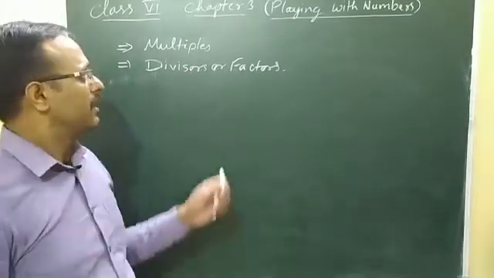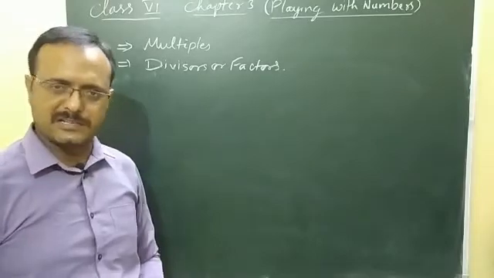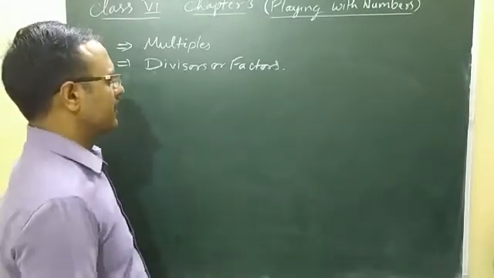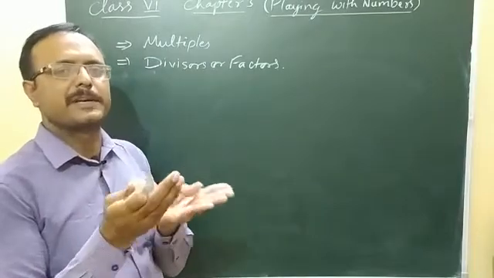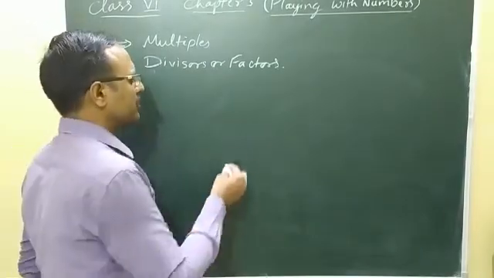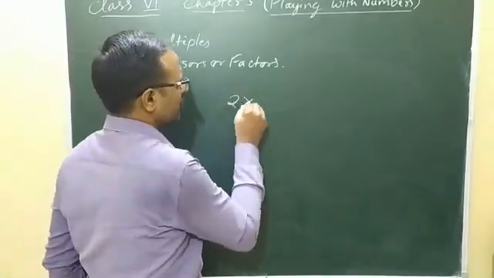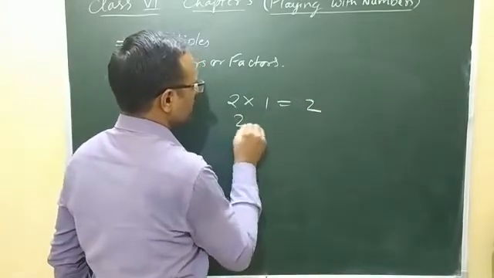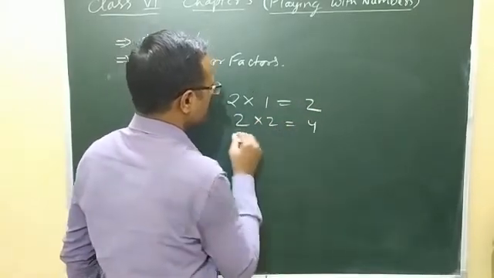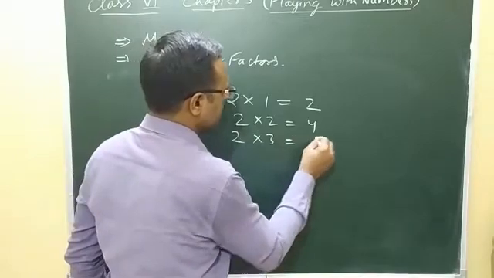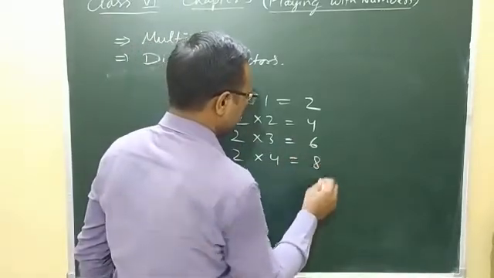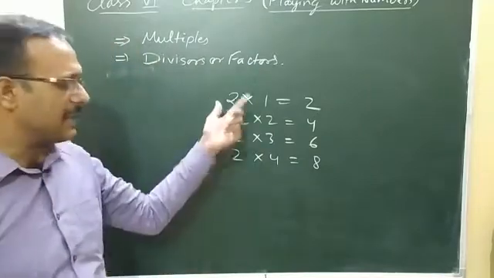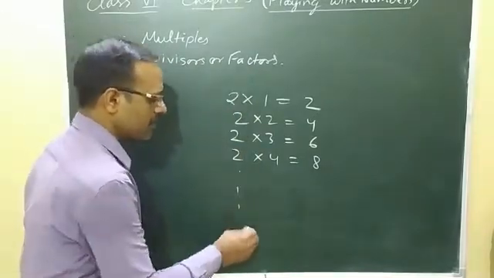Now, what are multiples? Let's start with this. All of you know the multiplication tables. Suppose you do the multiplication like this: 2 into 1 equal to 2, 2 into 2 equal to 4, 2 into 3 equal to 6, 2 into 4 equal to 8. In this way you write the multiplication table of 2.